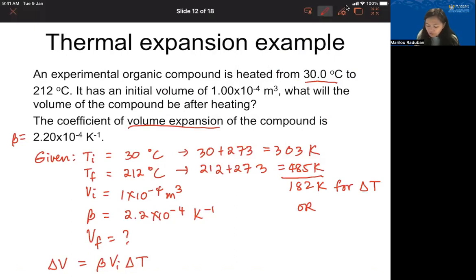Or if you did the change in temperature 212 minus 30 degrees Celsius, you'll also see that that will be 182 degrees Celsius. Okay, so you can see that regardless of whether you've converted 30 degrees Celsius and 212 degrees Celsius into Kelvin or not, the change in temperature will still be 182. Okay. Right. Does that make sense? Are we happy with that?